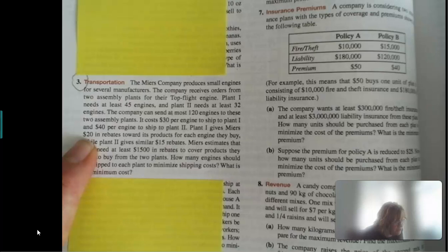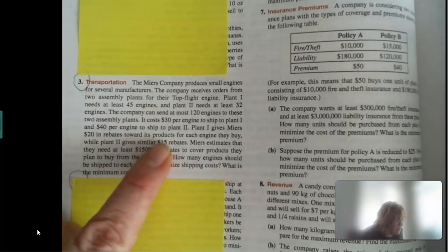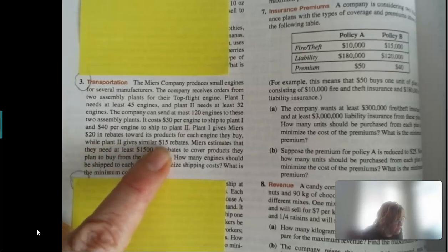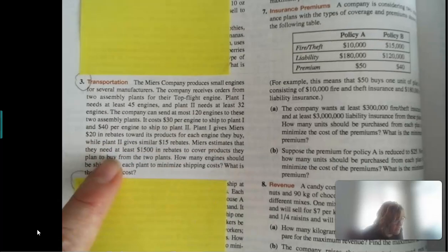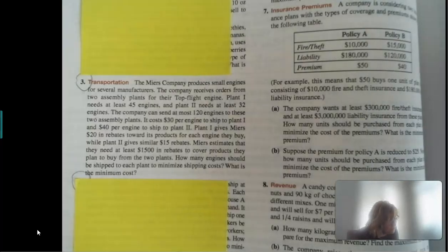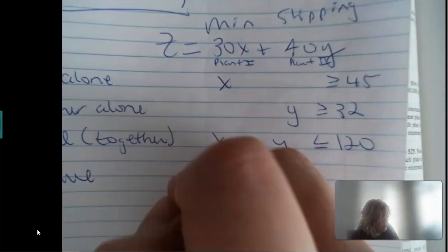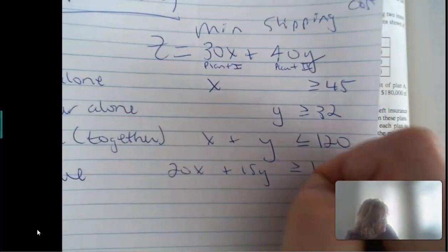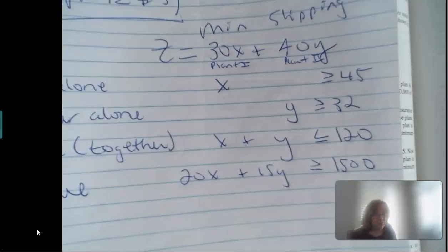Let's see, Myers gets $20 in rebates towards its products for each engine, while Plant 2 gives a similar $15 rebate, and Myers estimates that they need at least $1,500 in rebates. So that would be what? $20 rebate, so 20x plus 15y, and they need at least $1,500 in rebates.